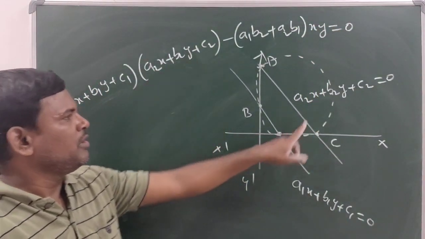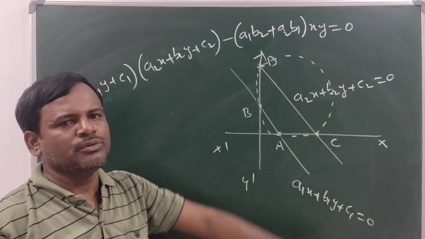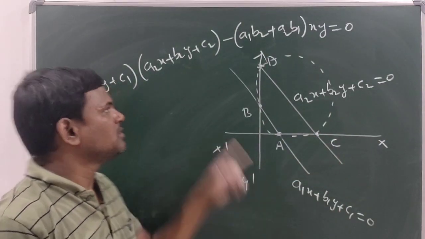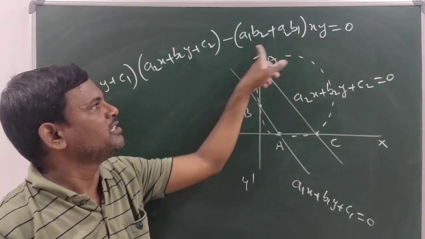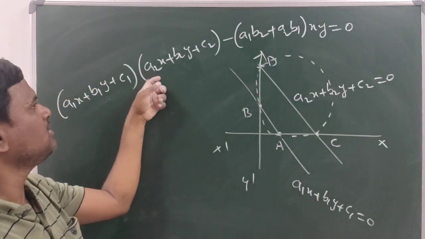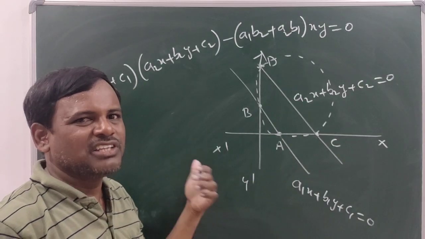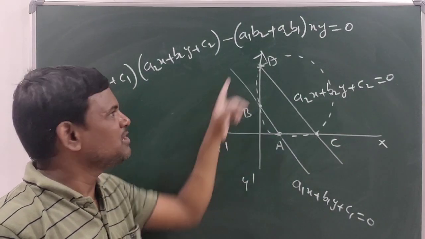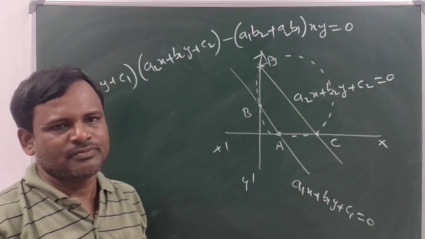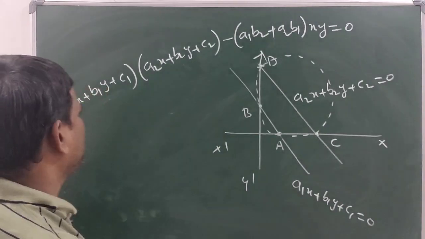See, what did I do? I took the product of these two line equations and subtracted this quantity, because on multiplying, the xy term will be generated. So you know, in the circle equation the xy term will not come, that is why I have subtracted it. Okay, right.